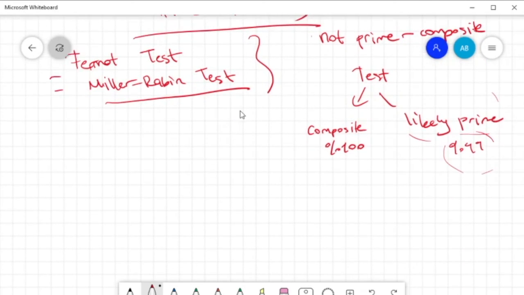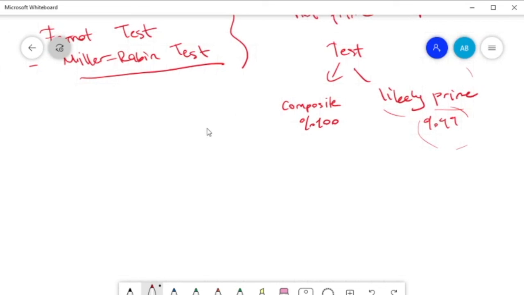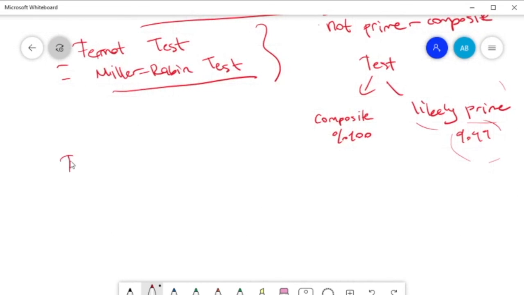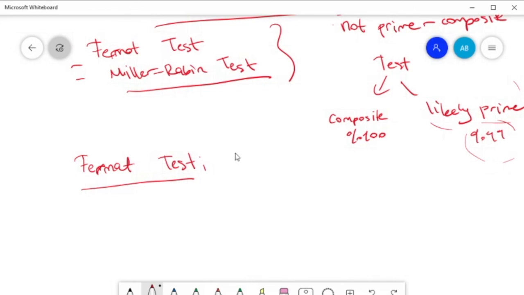So let's start with the Fermat test. This is based on Fermat's Little theorem, which we have seen last week.